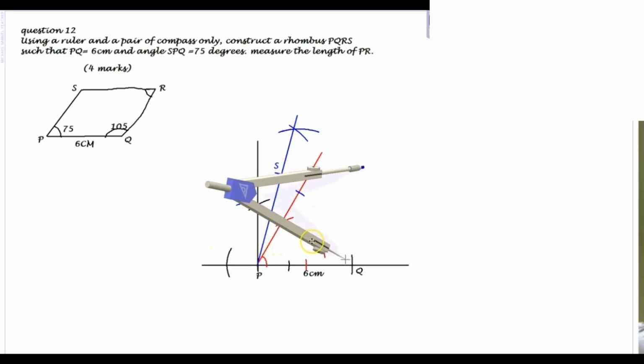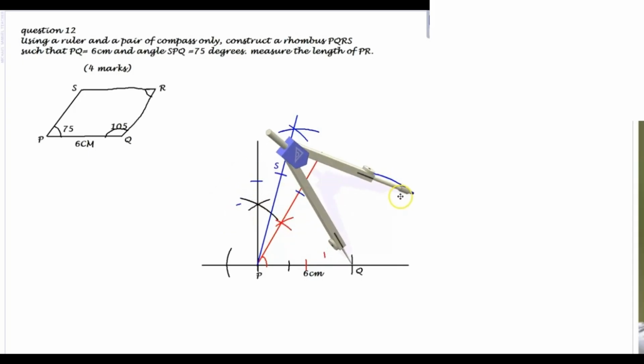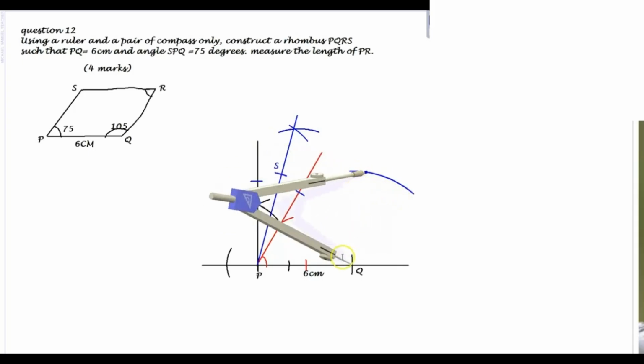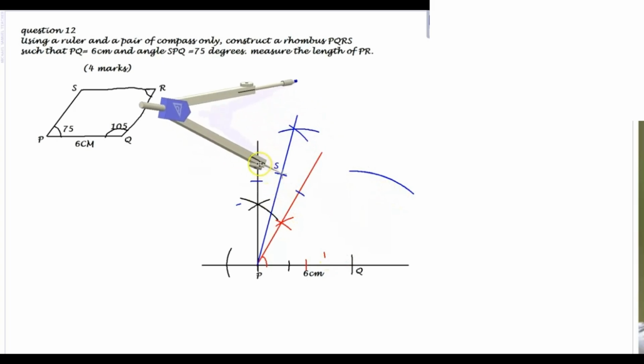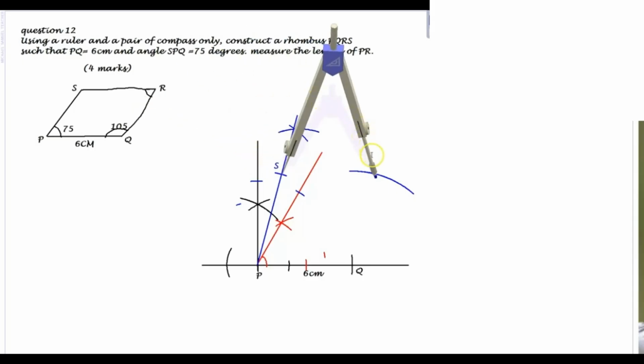Again, from Q to S is 6 centimeter. So again, I do the same. That mark. Also from S to R is 6 centimeter. Again, I do the same. That arc there.